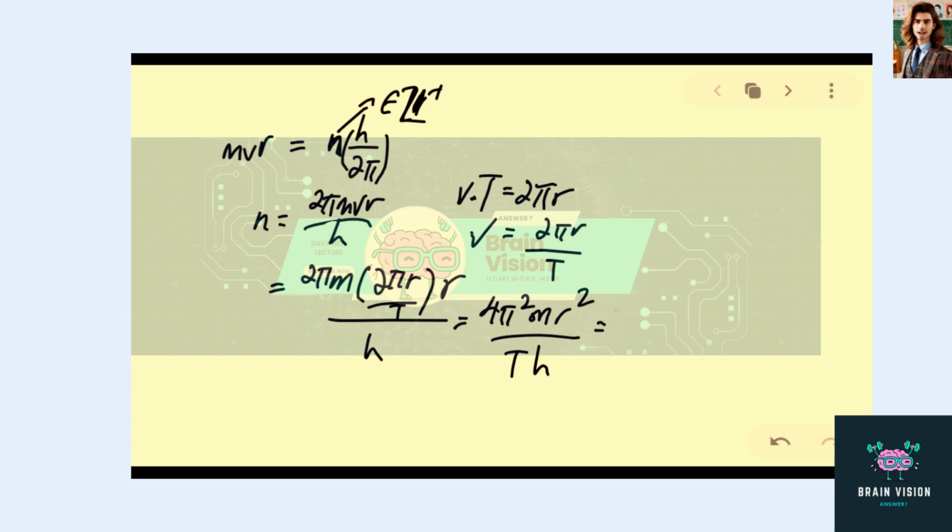So we just put all the values in. The mass of the satellite is given to be 20 kg, and the radius of the orbit is 8.06 times 10 to the power 6.